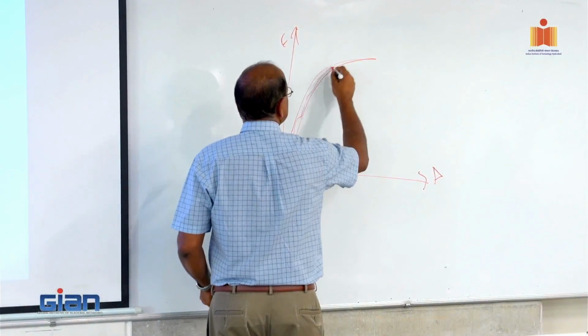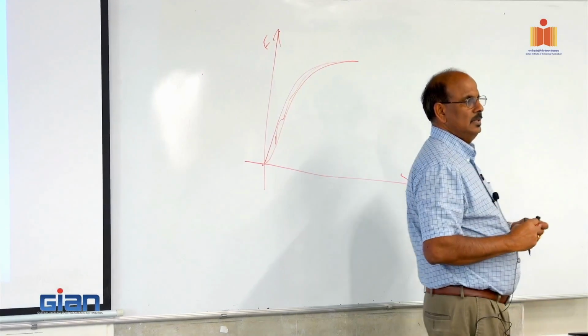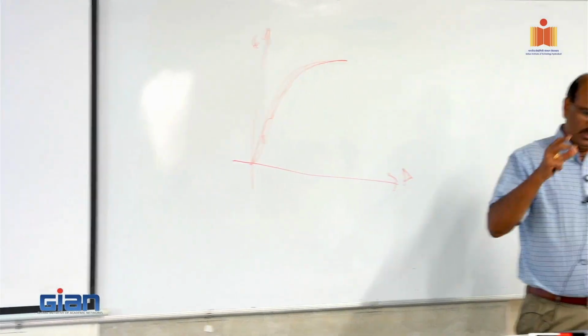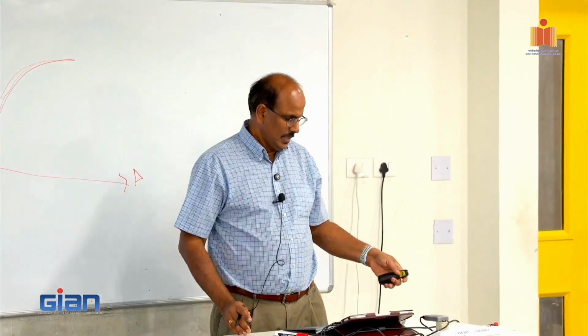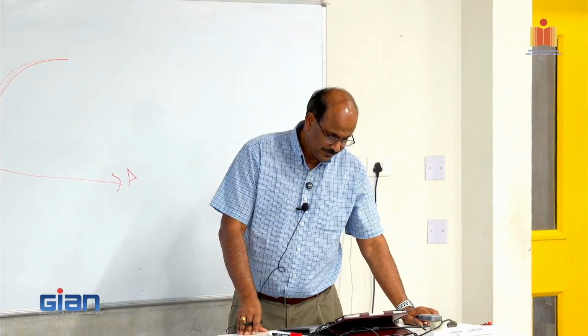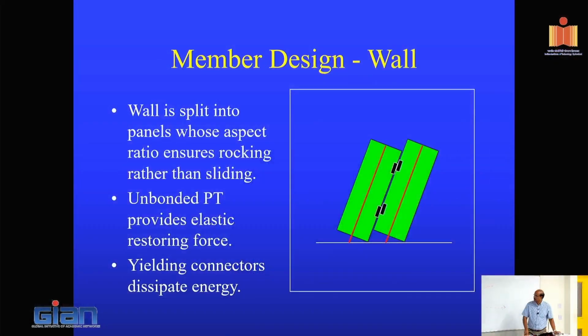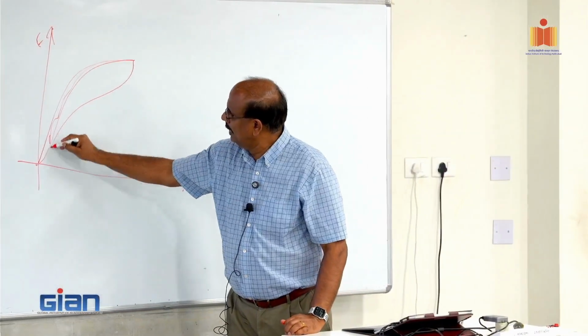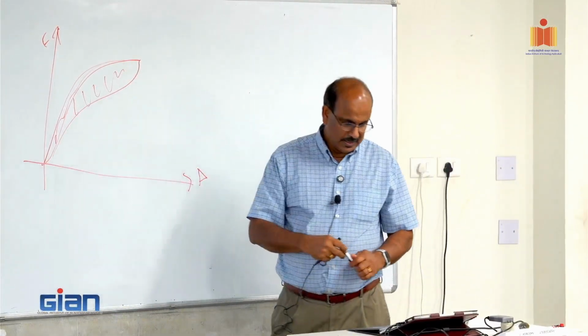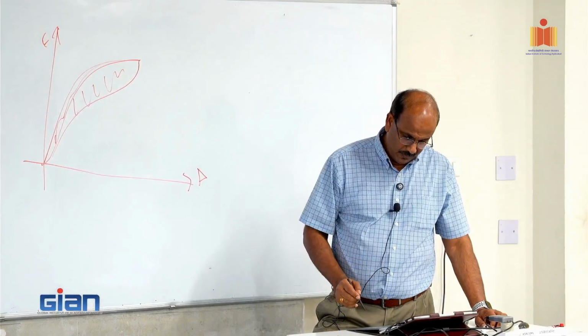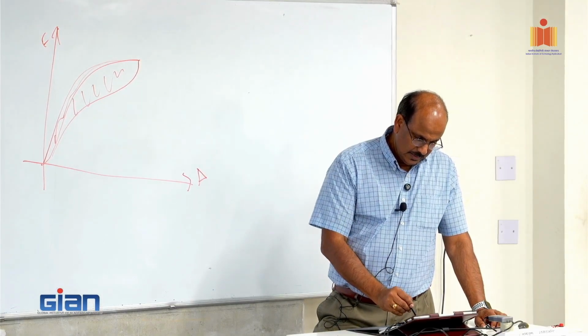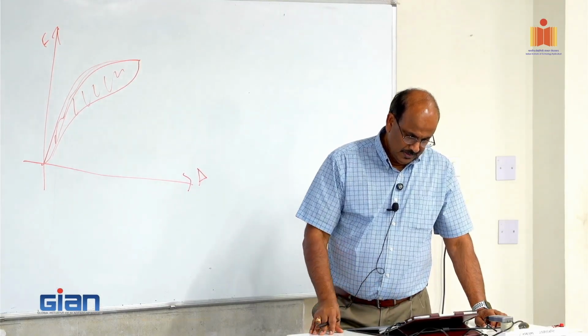So you won't have much energy dissipation. Whereas you saw that in the cast in place, you get energy dissipation that comes with it as the plastification takes place. So the connectors were put in so that this can open up and produce some additional energy dissipation on top of what the system can provide.